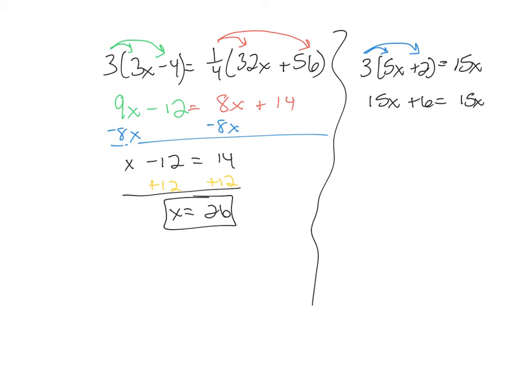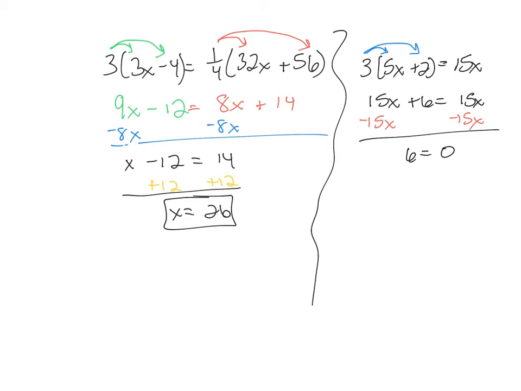And then since there's an x over there on the right and there's no plus 8 or whatever, I'm going to move this 15x over here, and the x's went away.